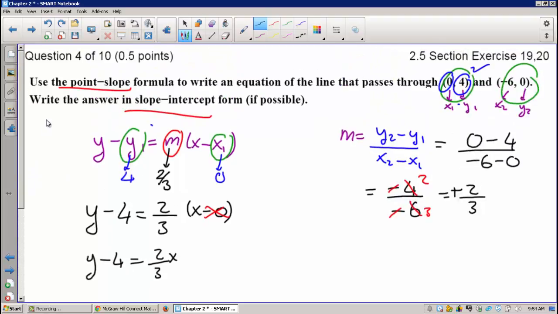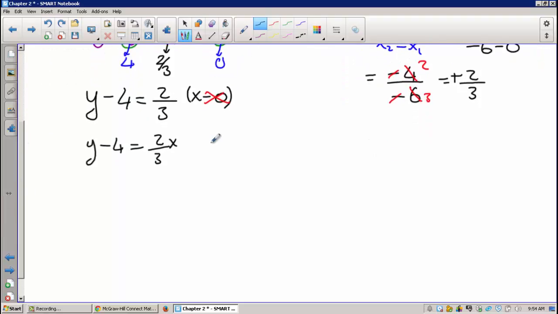But no, that's not it. We need to get slope intercept form. This is point slope. How do I get the slope intercept? We isolate y.